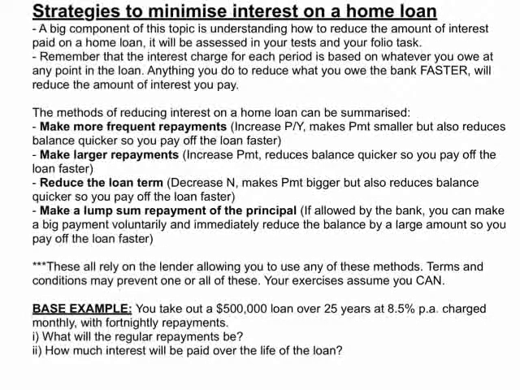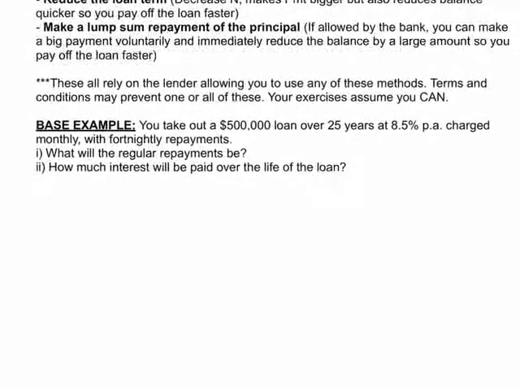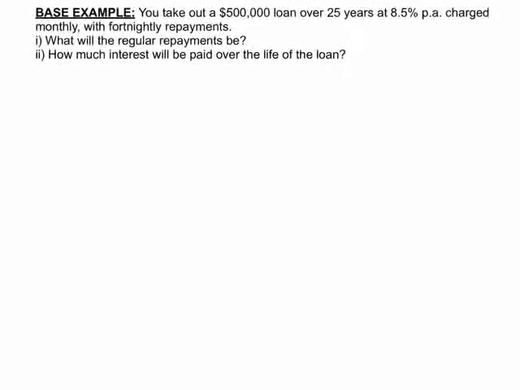Alright, so we're going to grab TVM Solver and sort out questions 1 and 2, and this will be our base example. N is going to be, well, you're making fortnightly repayments, so the P per year is going to be 26, and it's going for 25 years, so it's going to be 26 times 25, which is 650.